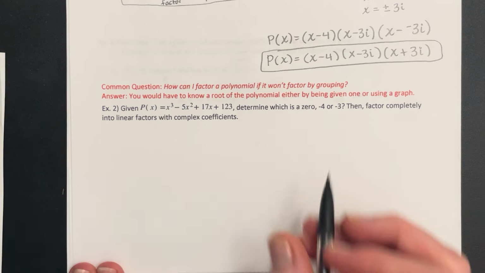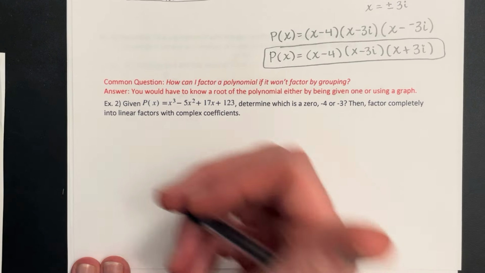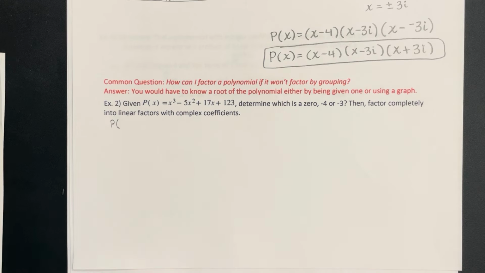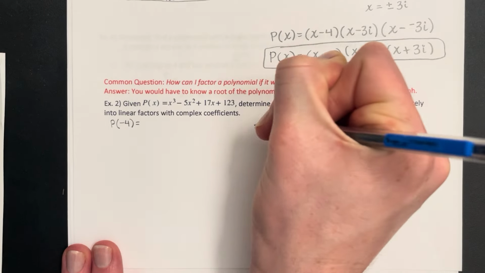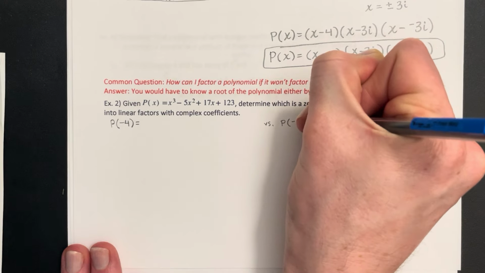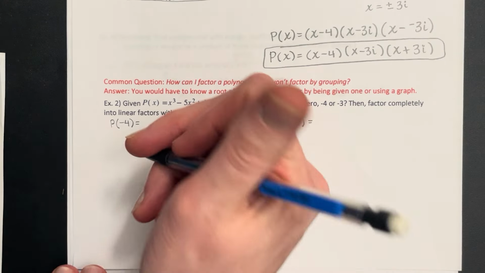So when we were trying to determine which one of these is a 0, you could use division, or the remainder theorem says that the remainder is still going to be the exact same value as evaluating the function. So if I do p of negative 4 versus p of negative 3, we can determine which one of these is a 0.